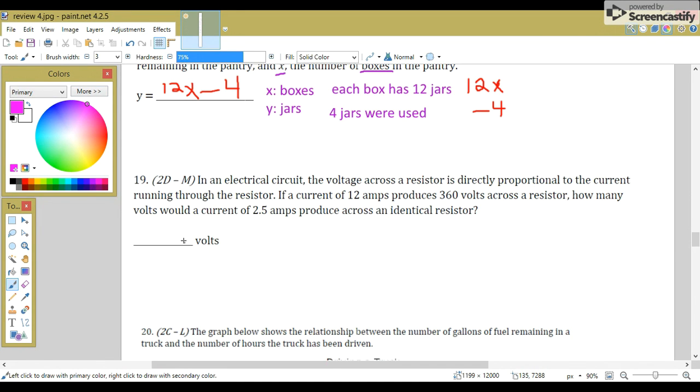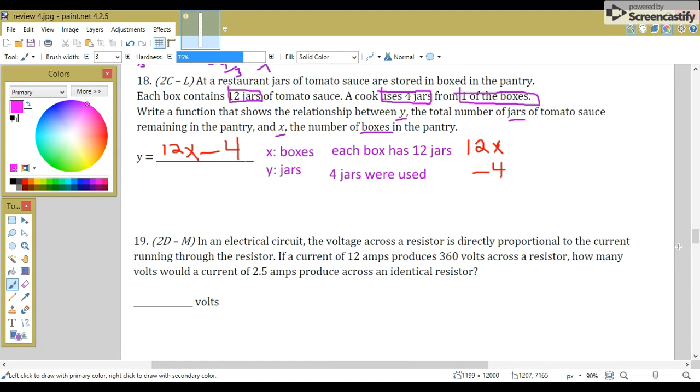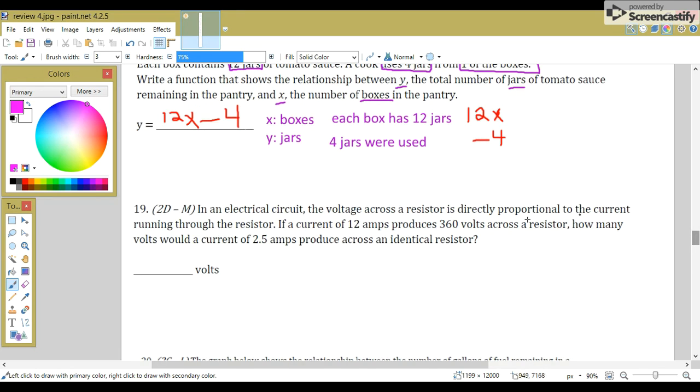19. 2D. In an electrical circuit, the voltage across a resistor is directly proportional to the current running through the resistor. If a current of 12 amps produces 360 volts across a resistor, how many volts would a current of 2.5 amps produce across an identical resistor?